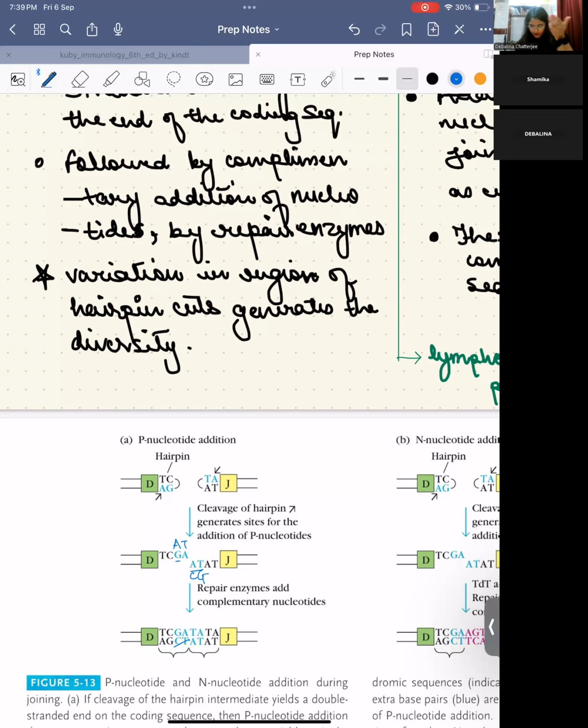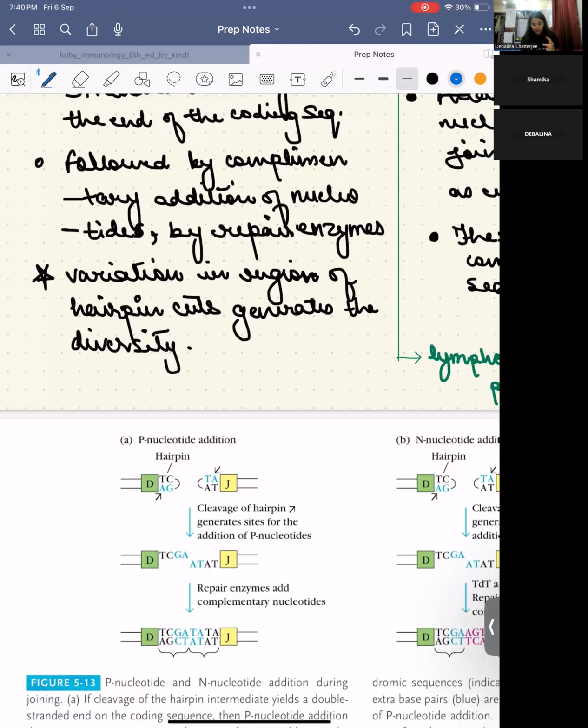And corresponding to this AT, instead of having CT, we can now have T and A. Did I write it correctly? A pairs with T and T pairs with A. Okay. So instead of CT, it was very likely that we can have TA, and likewise it is possible for us to have any nucleotide addition by the random action of endonuclease.